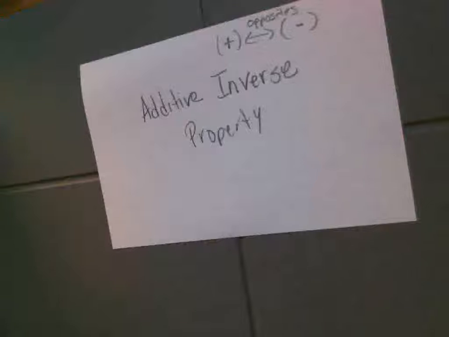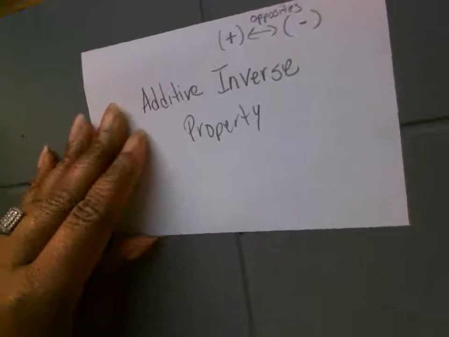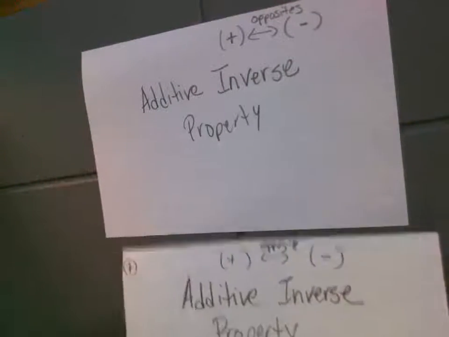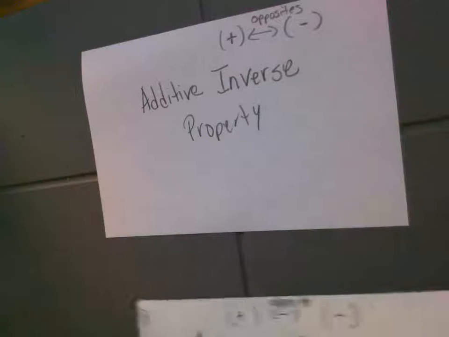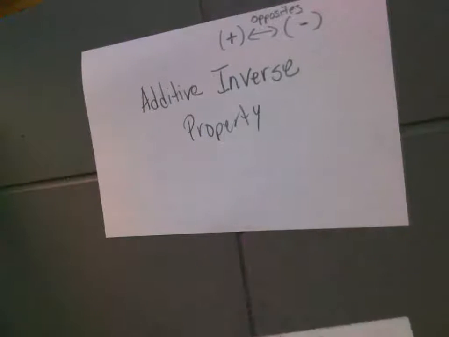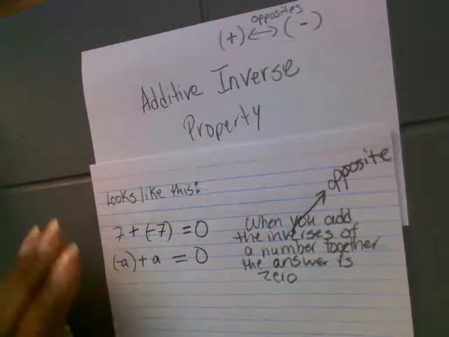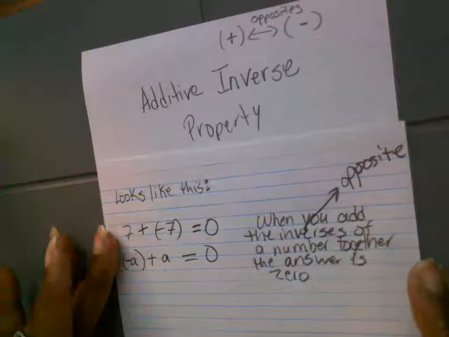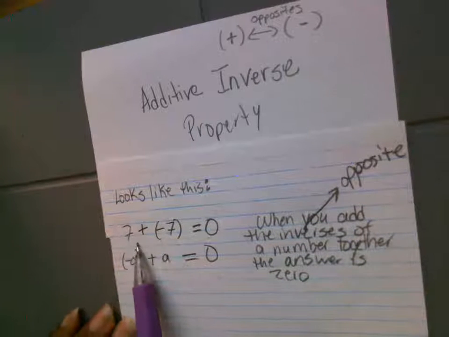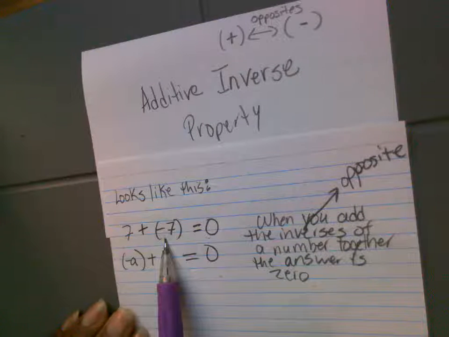The next card is the additive inverse property. This is where we're going to add a number to its opposite. This is the front side of the card, additive inverse property. On the back of the card, it looks like this, where you're going to add a number to its opposite.